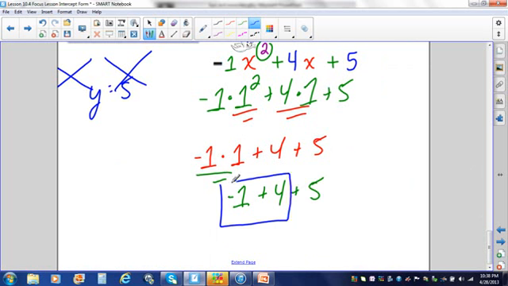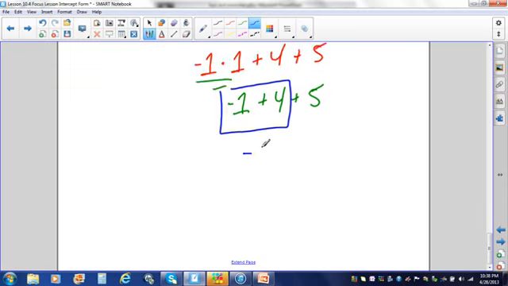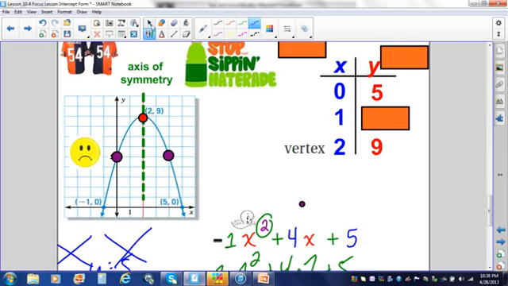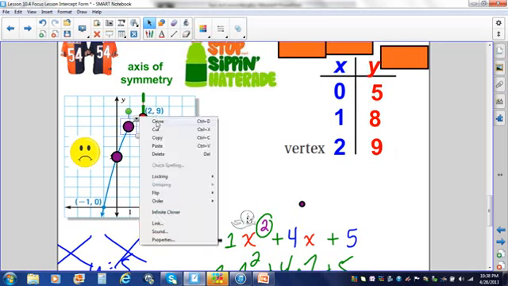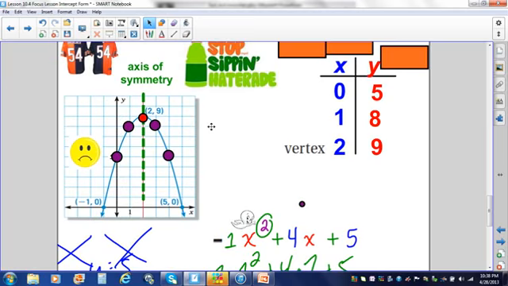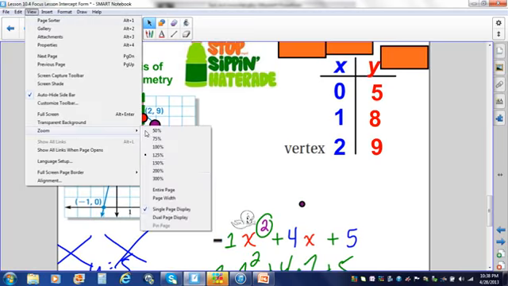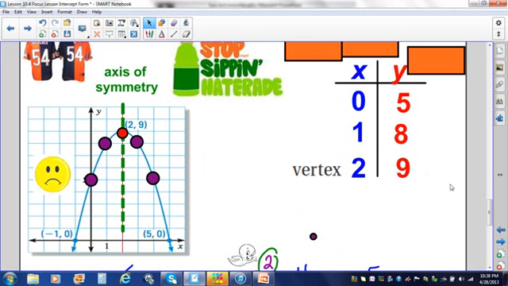Add and subtract from left to right. We should get y equals 8. So if I clone this, 1, 8, go right 1 and go up 5, 6, 7, 8. Mirror image. There you go. Now you know how to use FOIL when you are graphing a parabola.